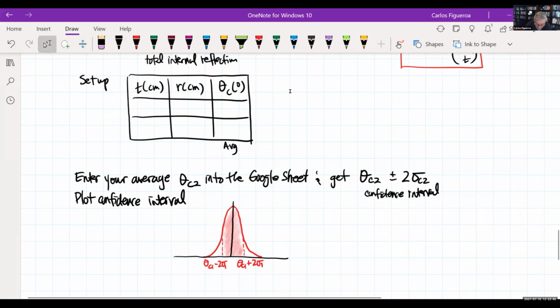Maybe this time, instead of red, let's make this green. So I'm going to come in here, and here's my curve. Instead of 1, this is 2.